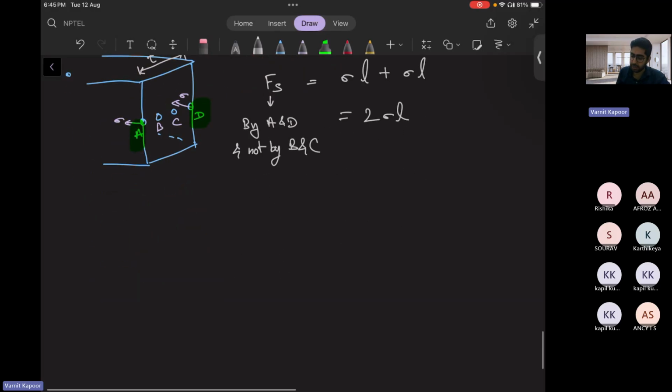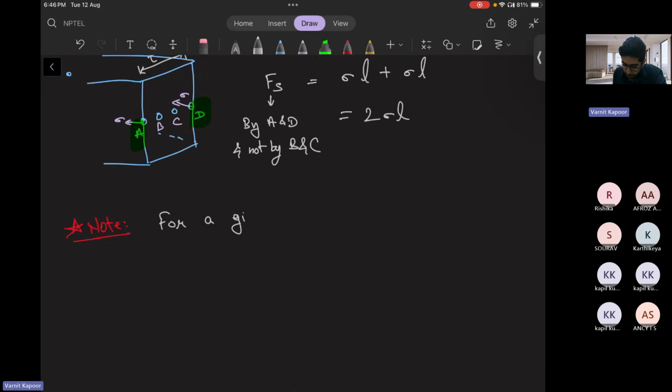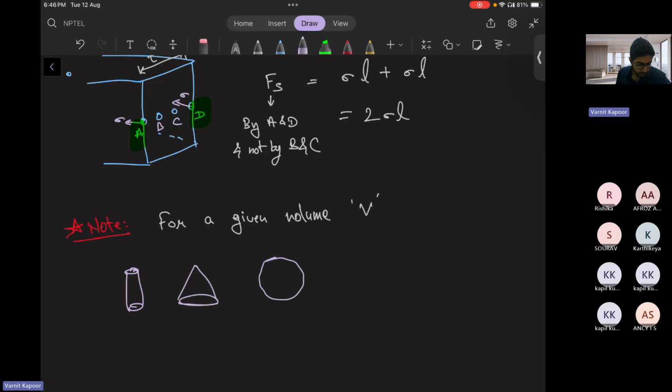So I'll write a very important note. For a given volume V, if you have a cylindrical shape or conical shape or spherical shape, all having the same volume V, this is sphere, not circle.